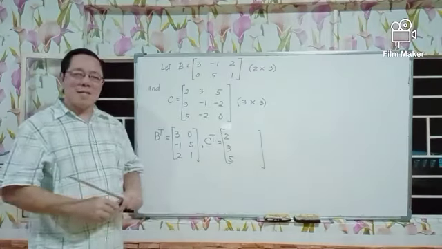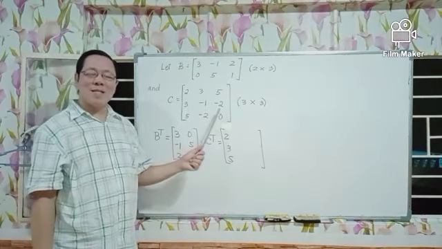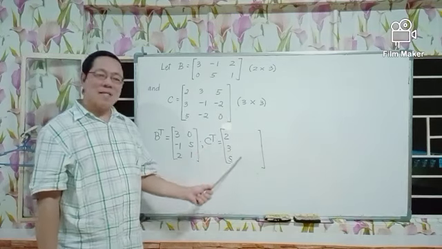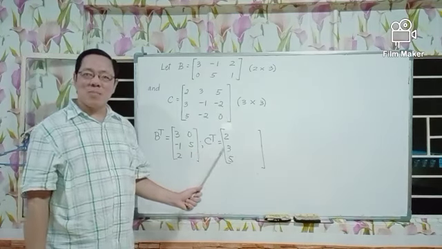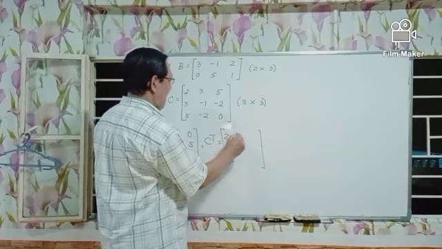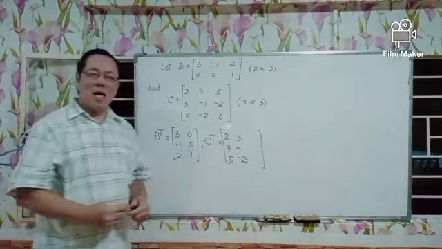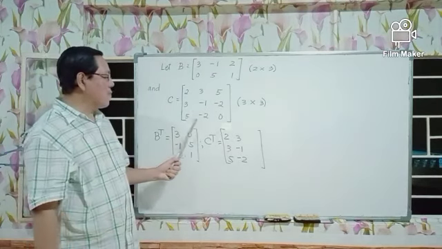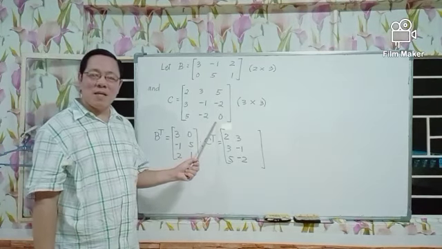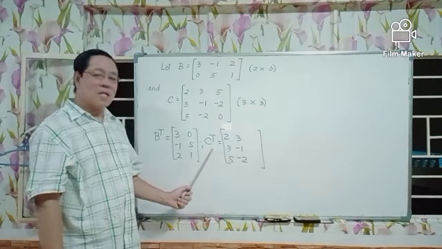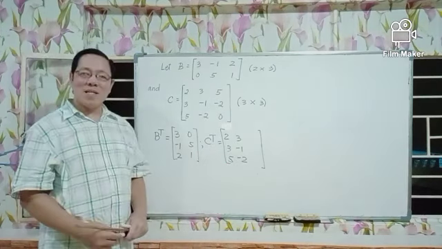And the entries in the second row of matrix C, 3, negative 1, negative 2, we write as the entries in the second column of C transpose. And the last row of matrix C, 5, negative 2, 0, we write as the entries in the last column of C transpose.